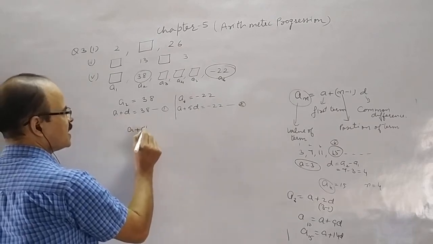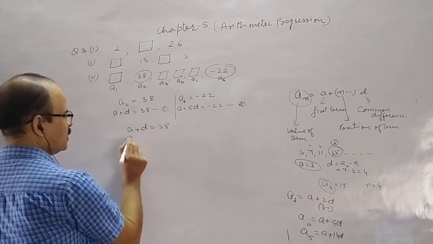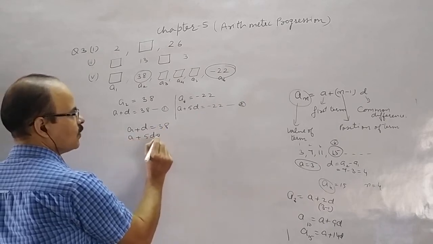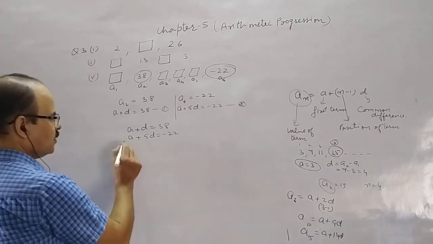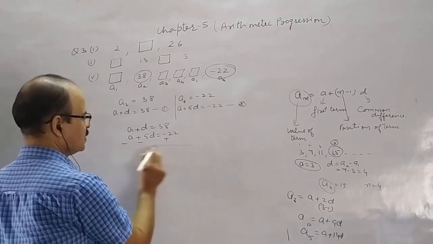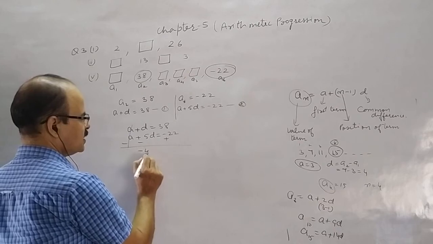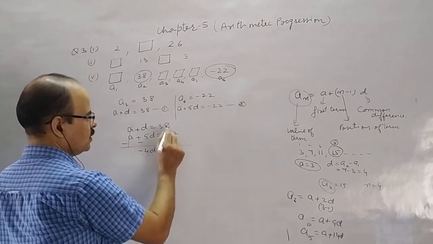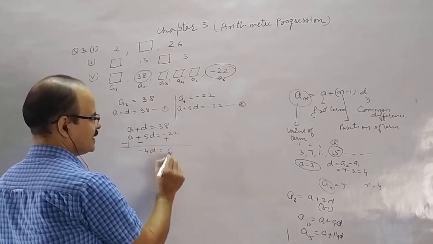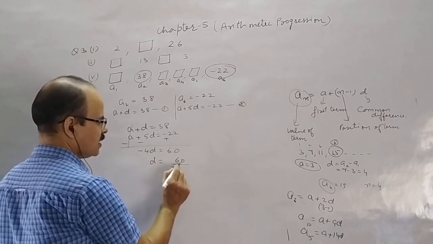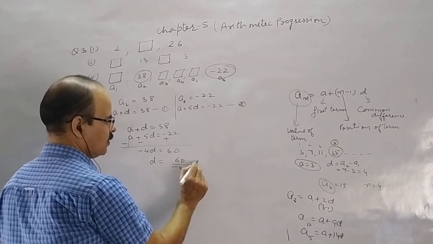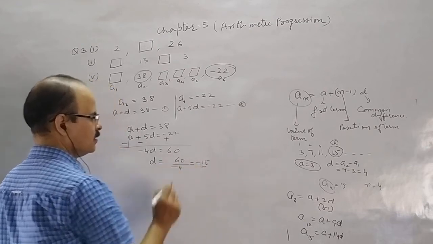a plus d is equal to 38. a plus 5d is equal to minus 22. Subtract: minus minus plus, this cancels, and minus 4d is equal to plus plus 60. The value of d will be 60 upon minus 4, which will give you minus 15.